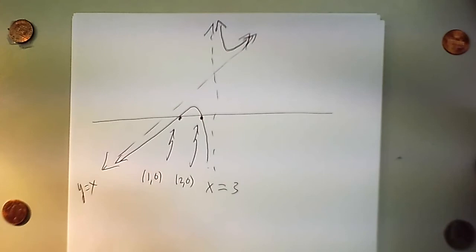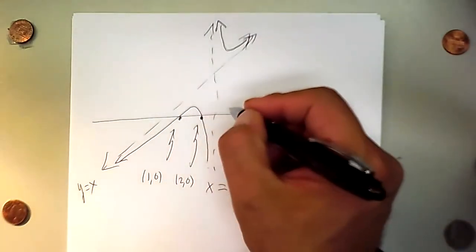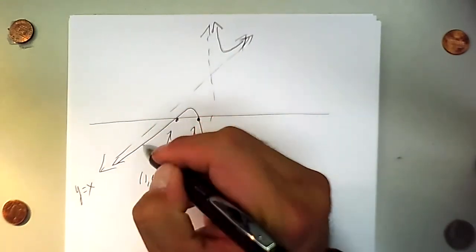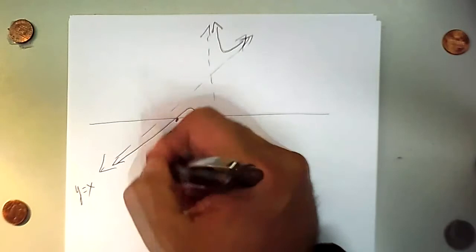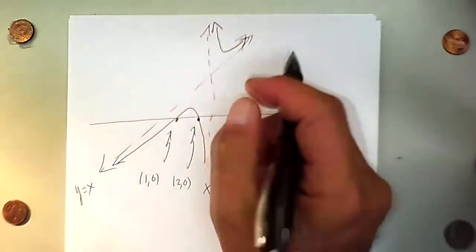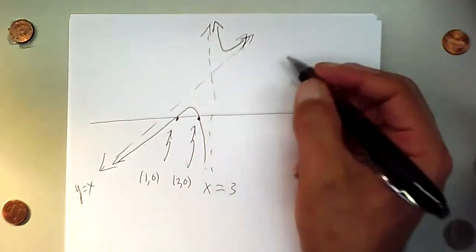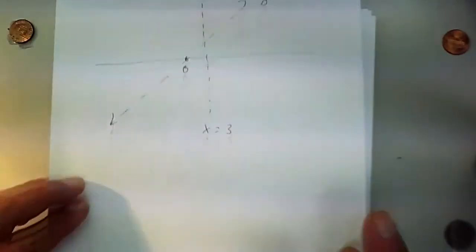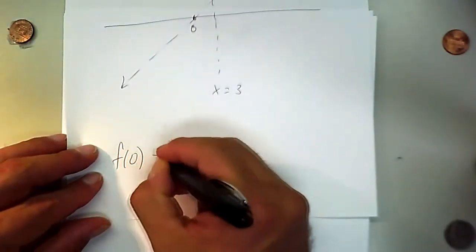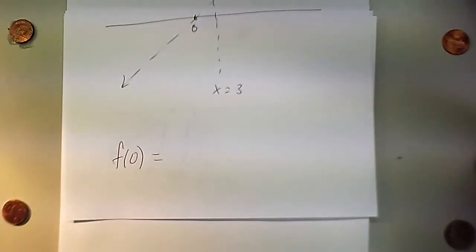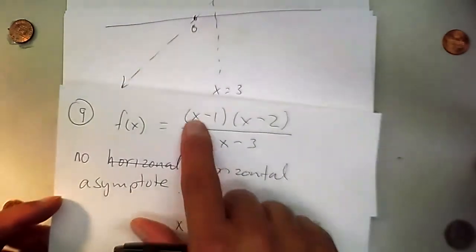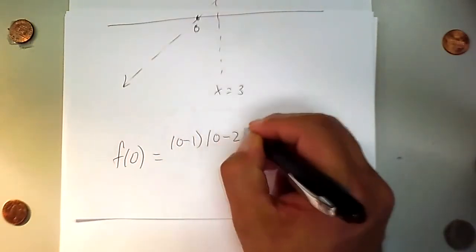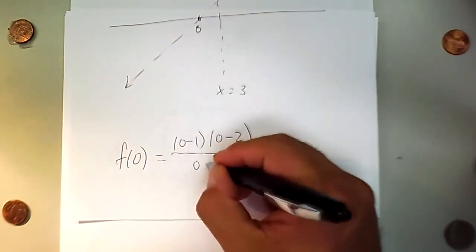And that's about it. Oh no, we're missing the y-intercept. Oh, but the y-intercept, I was going to say 0, 0, but it isn't. It is somewhere here. I typically don't draw the y-axis because I don't want the y-axis to get in the way of the scaling of the picture. But let's find out what it is. F of 0. Now I forgot what the formula was. There it is. It is 0 minus 1, 0 minus 2 over 0 minus 3.